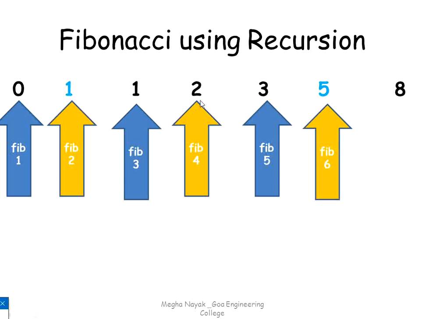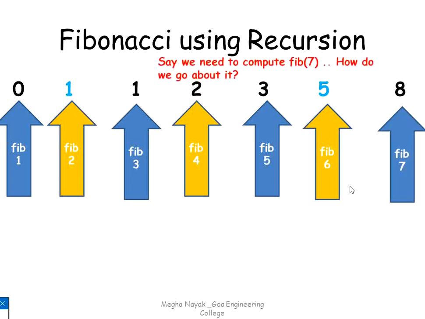Because addition of 2 and 3. Similarly, fib of 7 is 8. Now say that you need to compute Fibonacci of 7 using recursion. You already know that if you have to compute Fibonacci of 7, that is up to the 7th term, it is going to be 0, 1, 1, 2, 3, 5, 8.